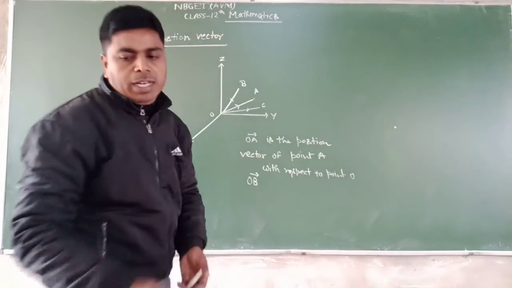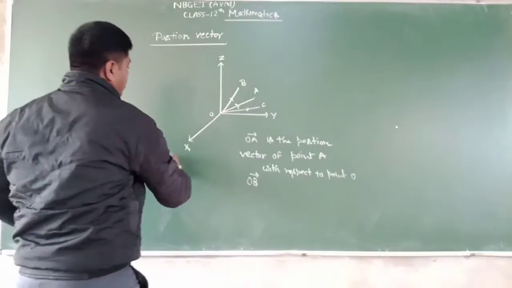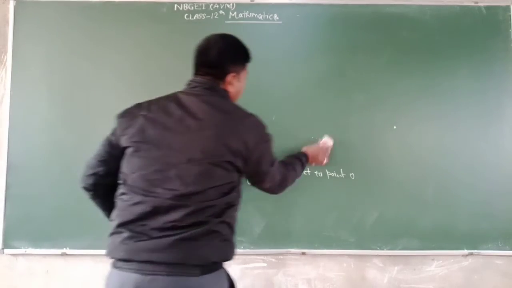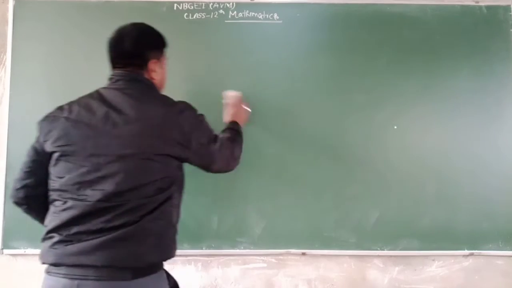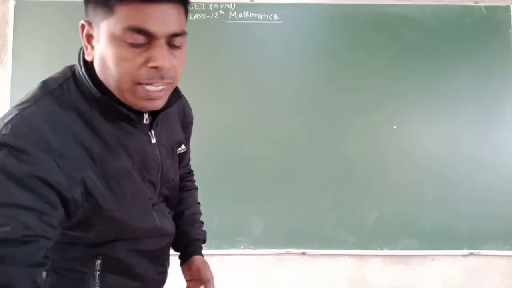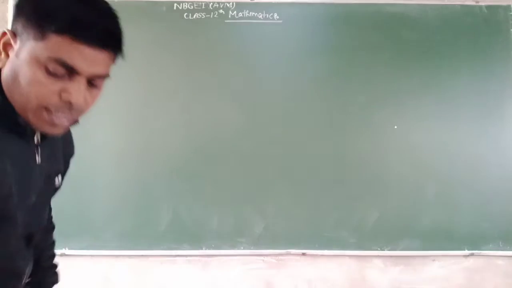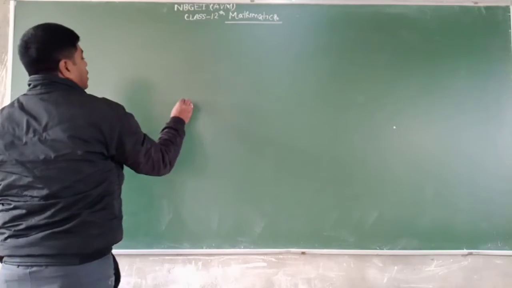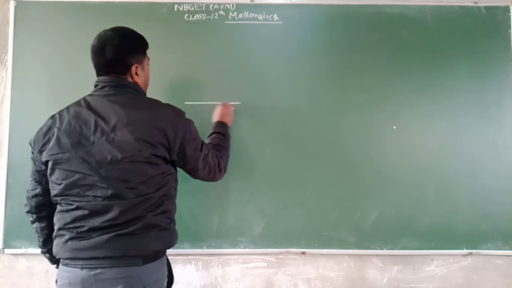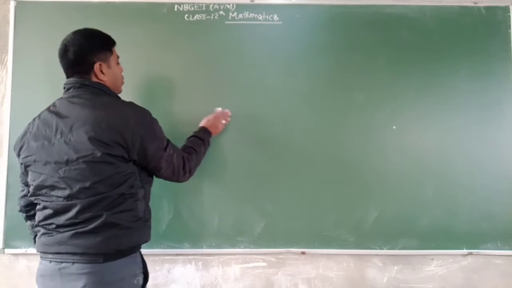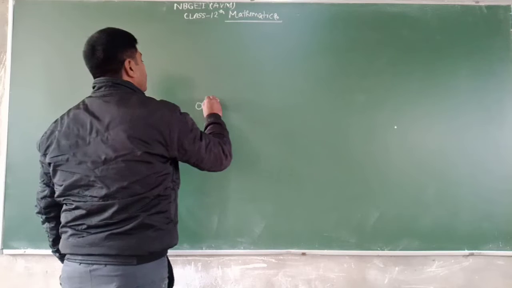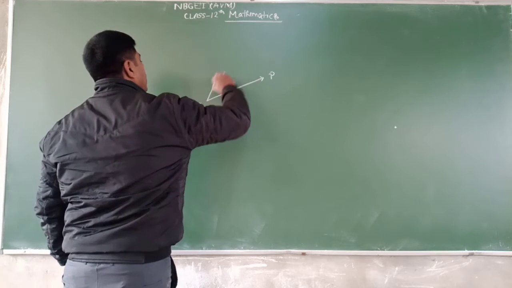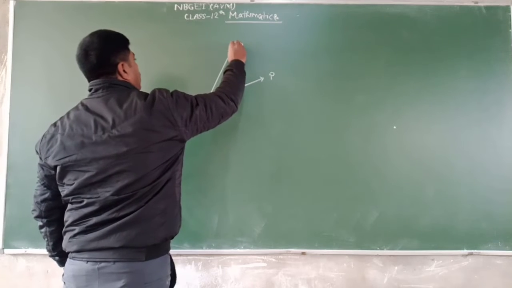Now move on to vector addition, the triangle law of vector addition. This is very essential. If we have an origin point O and we have a position vector OP and a position vector OQ.